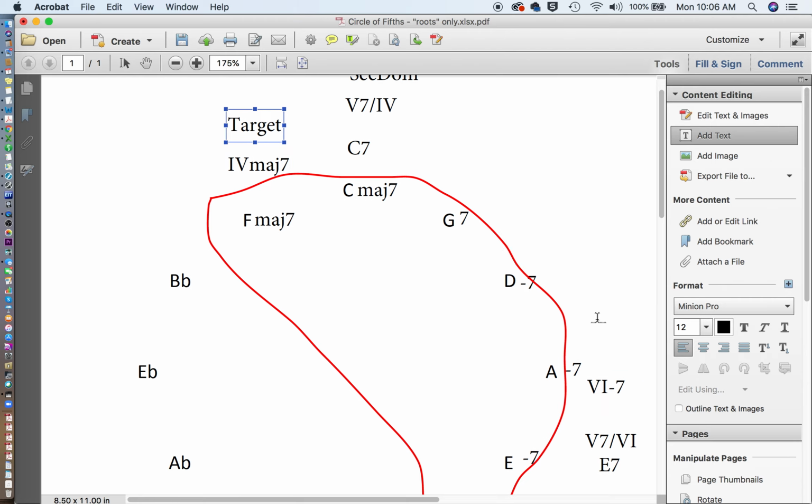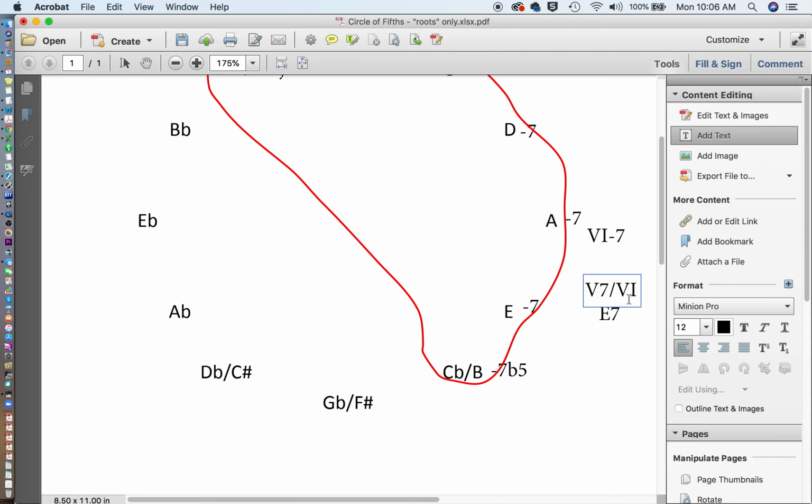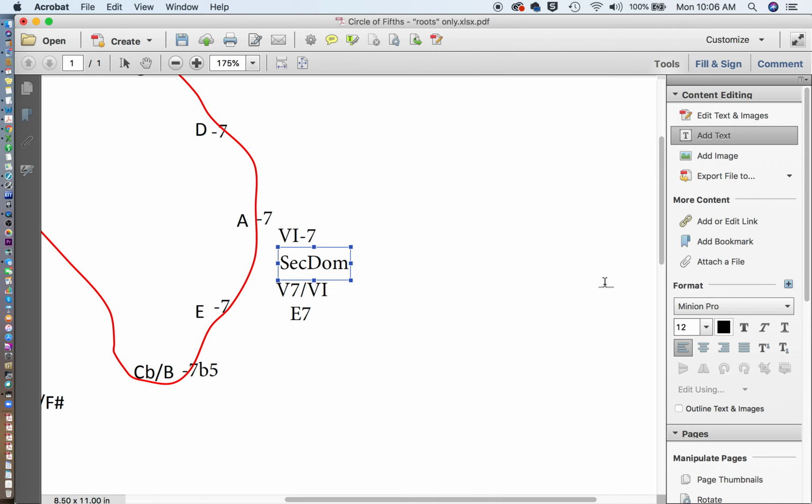Over here, we have E7 is 5-7 of 6, and 6 minor 7 is the target chord, right? So here's our secondary dom. Right, and then this here, A minor 7 would be the target chord, right?